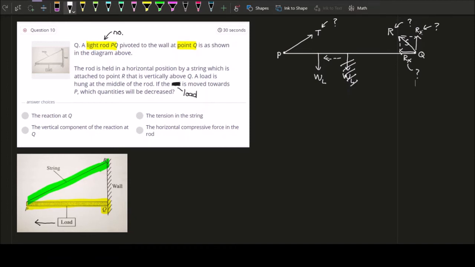You pick those points as the pivot. Because this rod here is in equilibrium, you can pick any point as the axis of rotation. You can pick any point here as the pivot. But since we don't know a lot of things here, let's just pick this point Q here as our pivot.